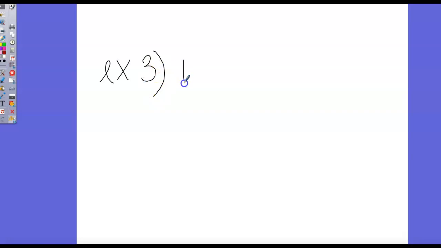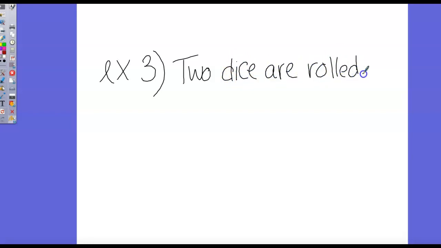We still have 2 dice. Why do you think I'm telling you that 2 dice are rolled? Especially in that last one. How many possibilities there are total. But if I had said I'm only rolling 1 die, could you get a sum of 9?